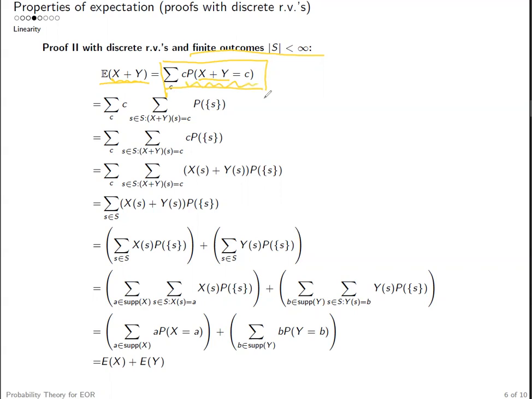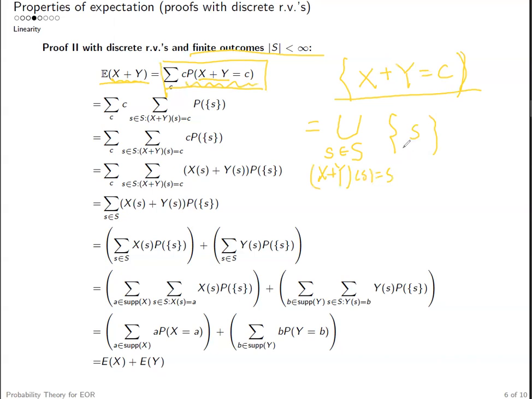Now let's decompose the event X plus Y equal to c. This event essentially is the union of all outcomes such that X plus Y, this random variable, would map those outcomes to c, and it contains all such outcomes, right? So it's a union of all those events.